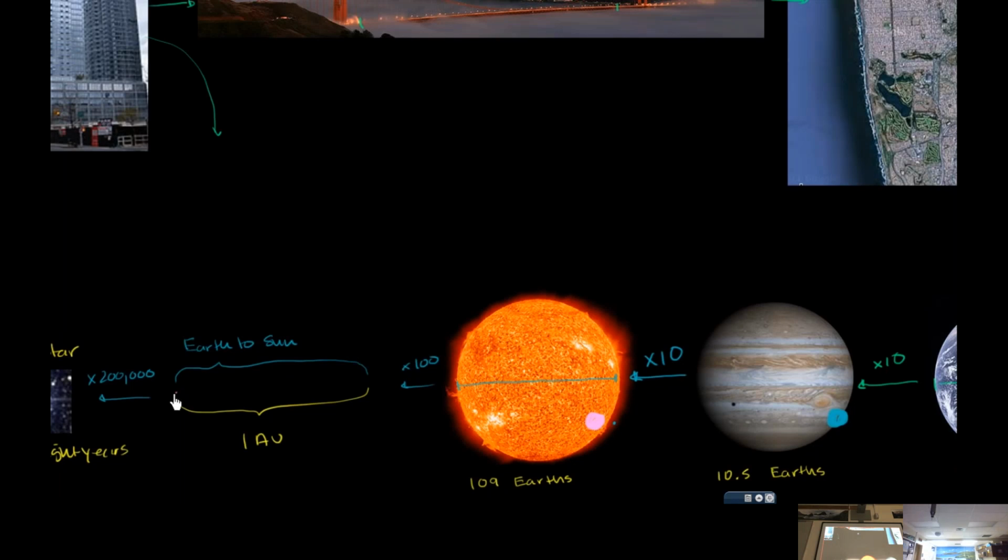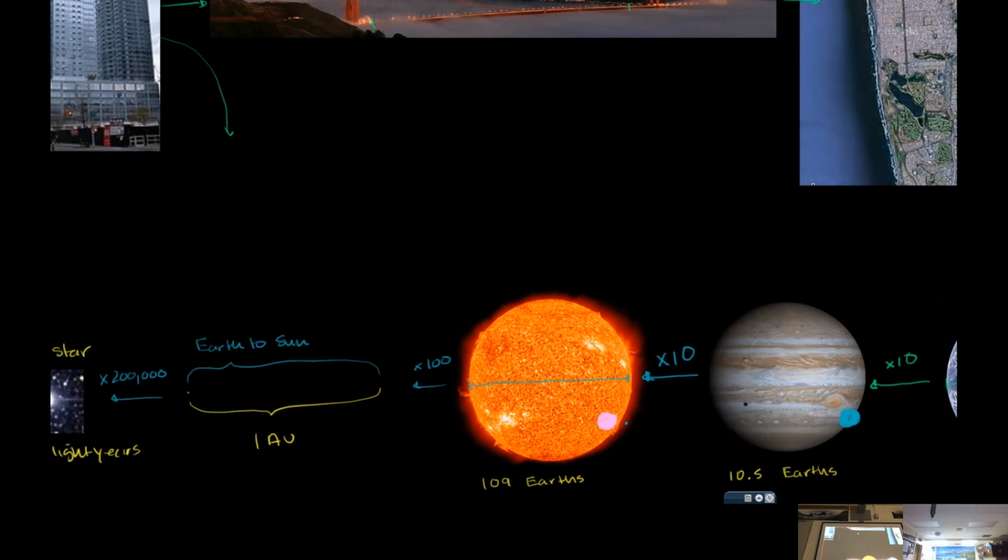So I've drawn the sun here as a little pixel, and I didn't even draw the Earth as a pixel because a pixel would be way too large. It would have to be a 100th of a pixel in order to draw the Earth properly. So this is an unbelievable distance between the Earth and the sun. It's 100 times the diameter of the sun itself. So it's massive. But once again, these things are relatively close compared to where we're about to go.